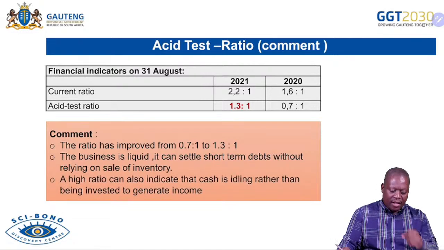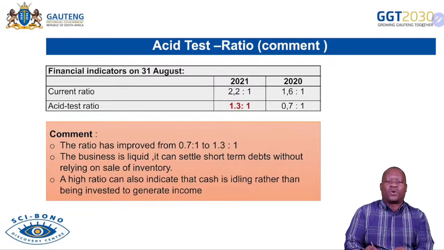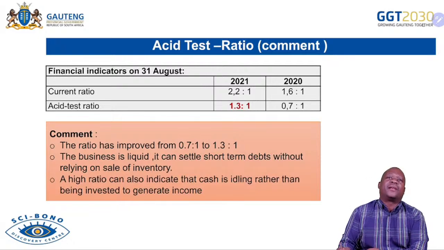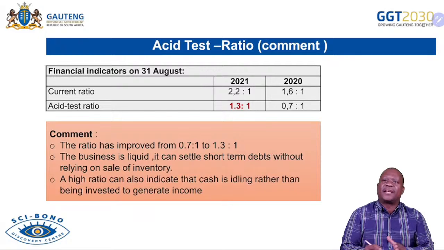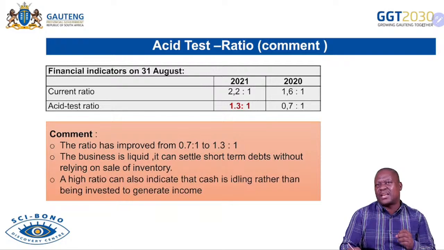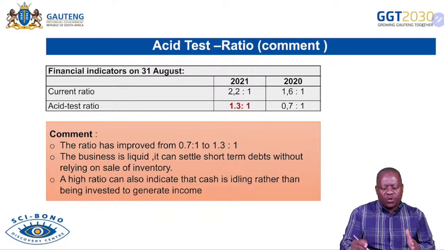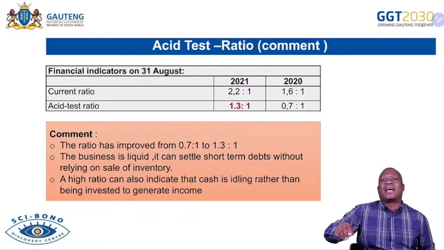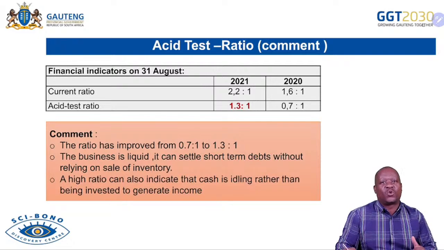We can also indicate to say this ratio is good because it's at 1.3 to 1. If that ratio was at 2 to 1 or at 3 to 1, we were going to say, no, this is not good. Why? Because it was going to indicate that cash is idling. And remember, it's one of the assets that should not sleep.